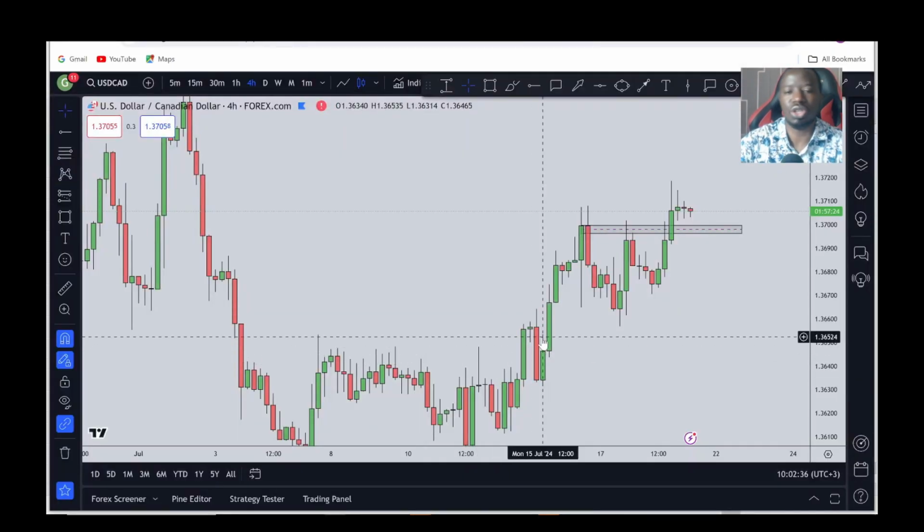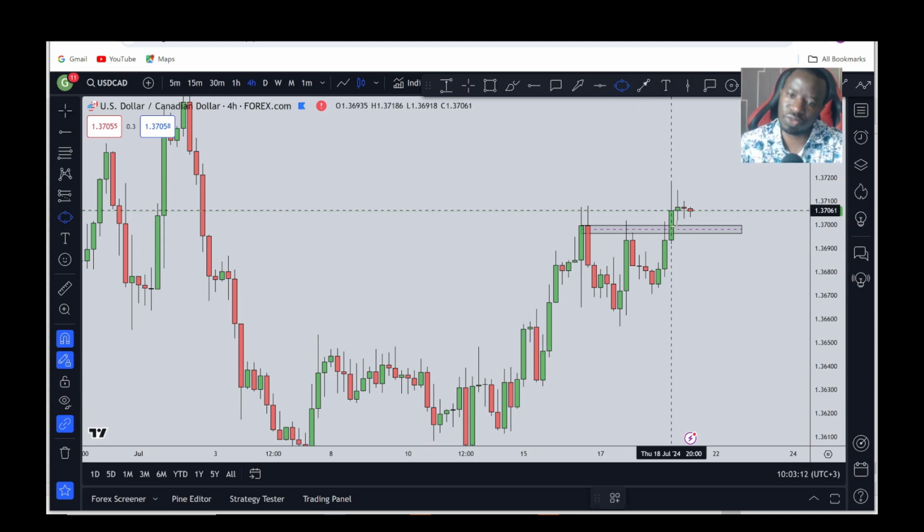Back to our chart, we notice that the monthly is bullish, the weekly is bullish, the daily is bullish, and the institutional order flow also shows us that the big boys in the market are actually longing the USD Canadian dollar currency pair. This is the 4 hour.